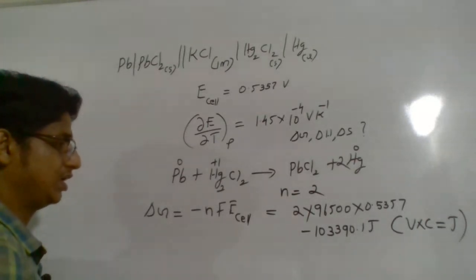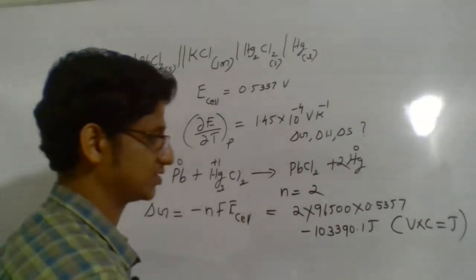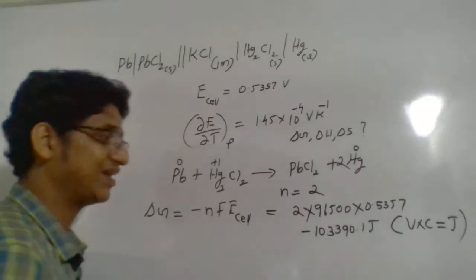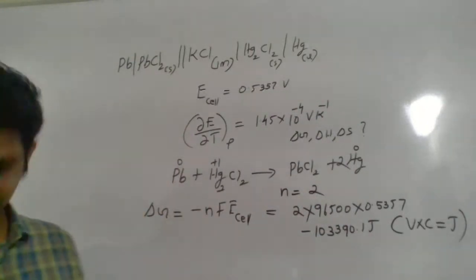So we got the change in Gibbs free energy, delta G, equal to minus 103,390.1 joule.